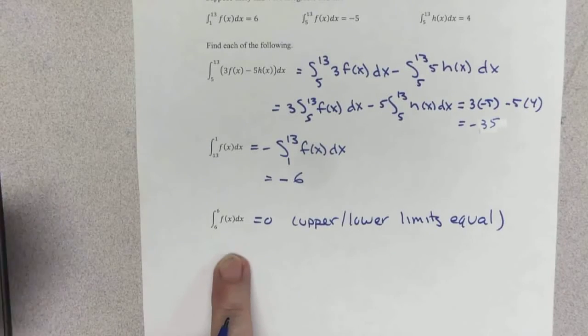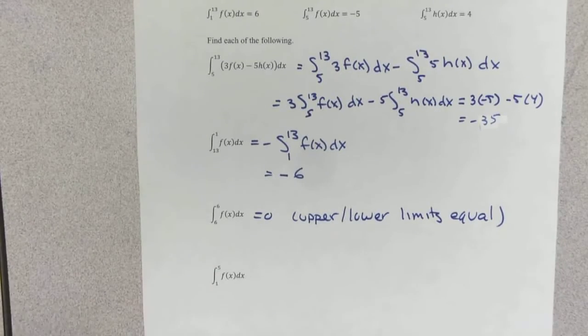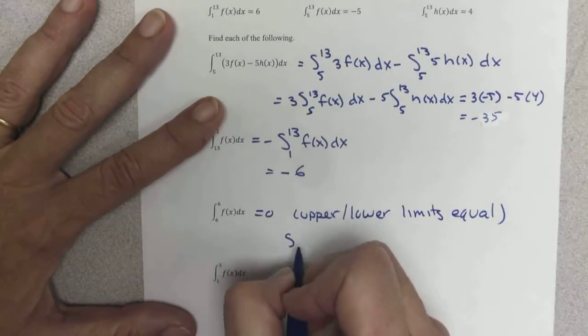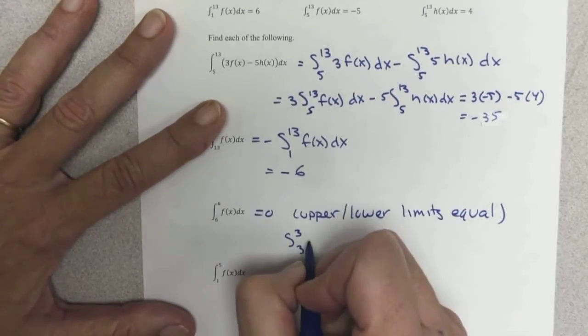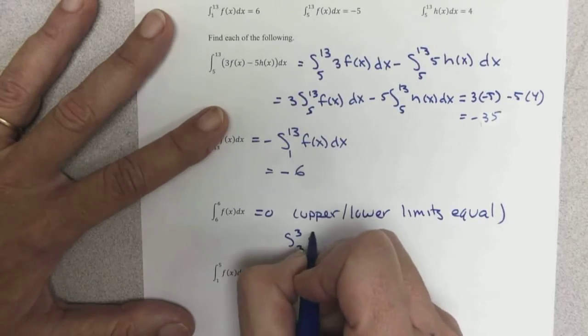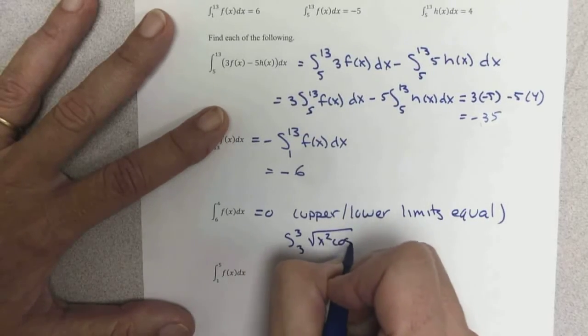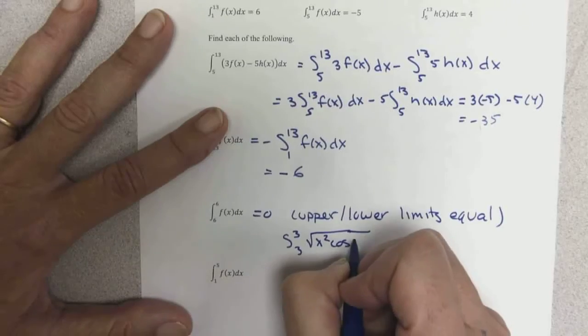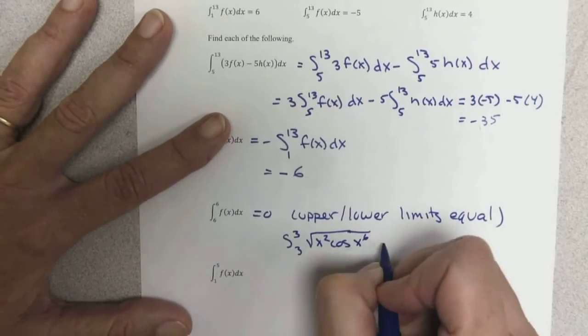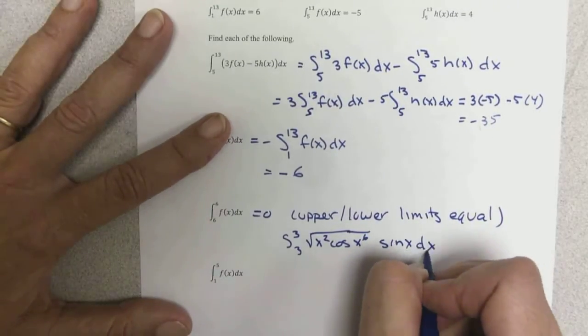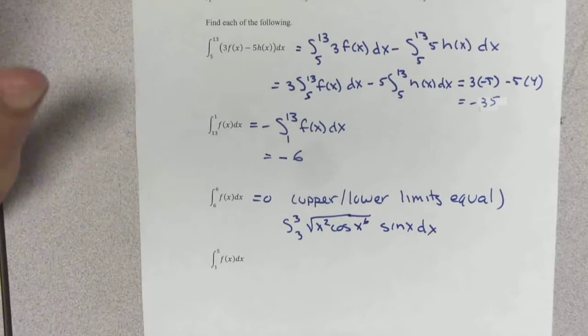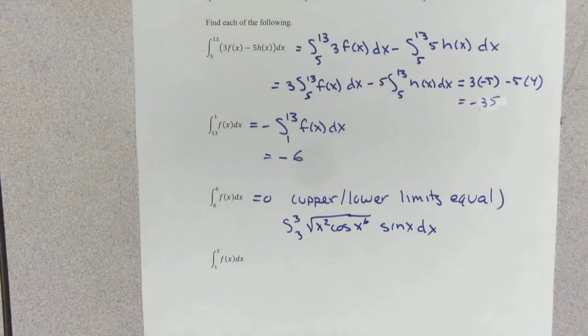Some textbooks will try to give you a really scary problem. They might do 3 to 3 of the square root of x squared cosine, let's say x to the 6th times sine x dx. And you're looking at it, and they're purposely trying to scare the hell out of you.